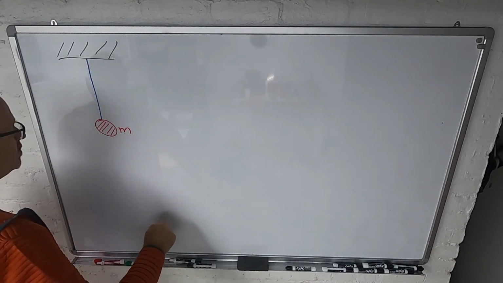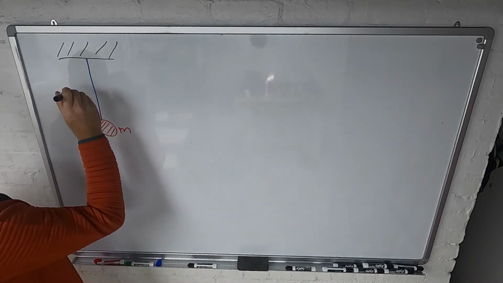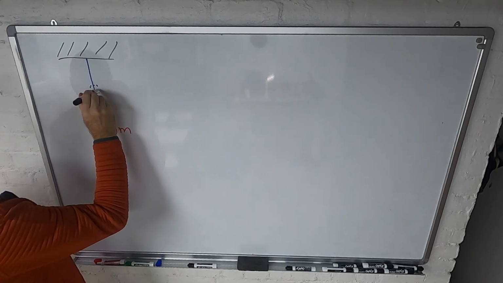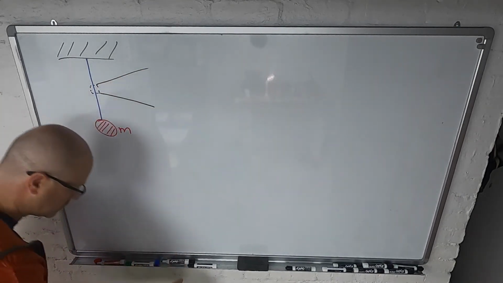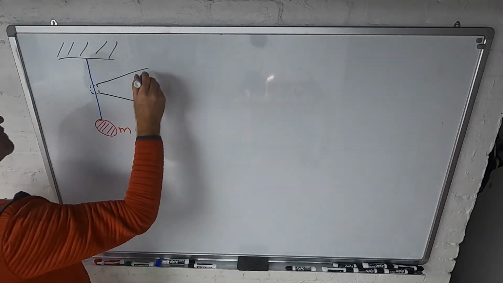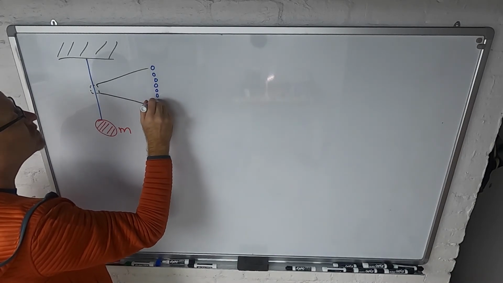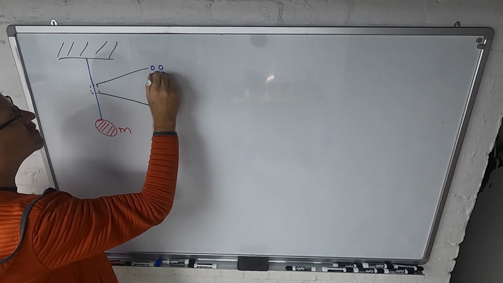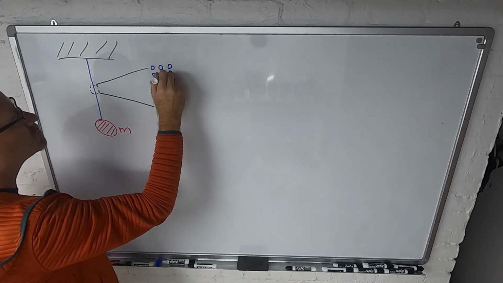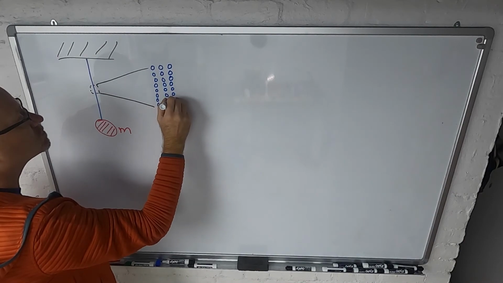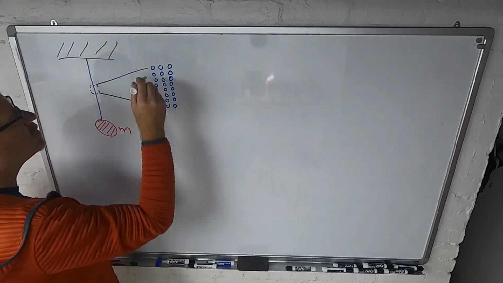And if I zoom in on my wire, if I zoom in really closely with a big microscope, what I'm going to find are atoms, chains of atoms, and those chains of atoms are going to be connected by springs.